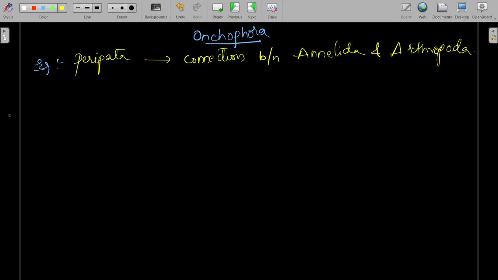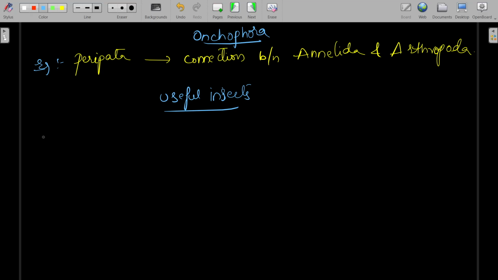And coming to the useful organisms, vectors, larvae of this phylum Arthropoda. Okay. So first of all, let's see the useful insects. Up to here, we have completed the classification.